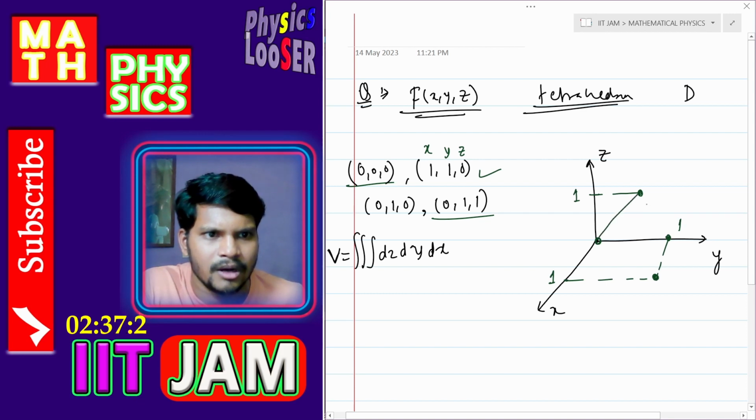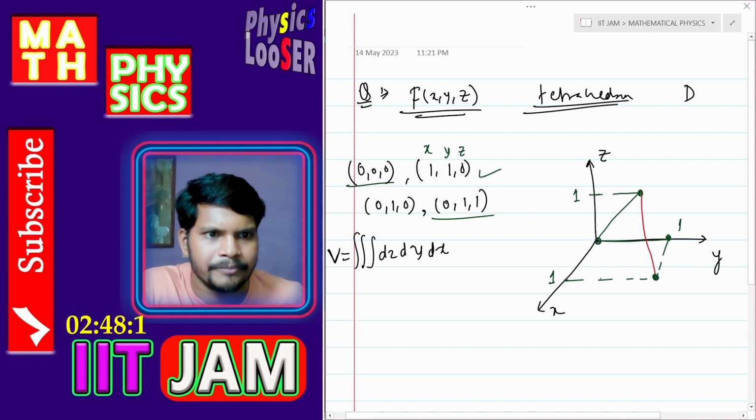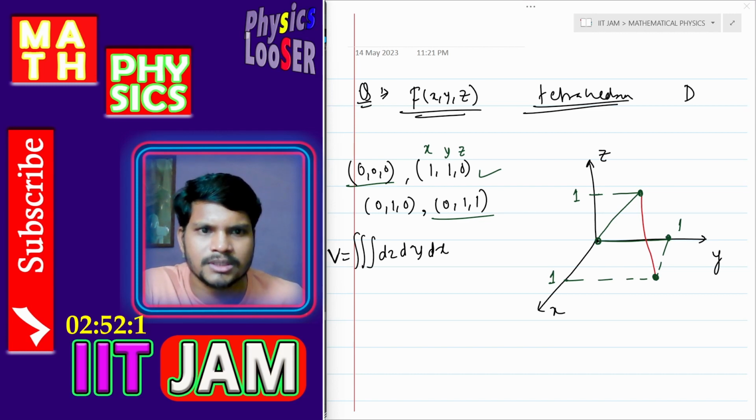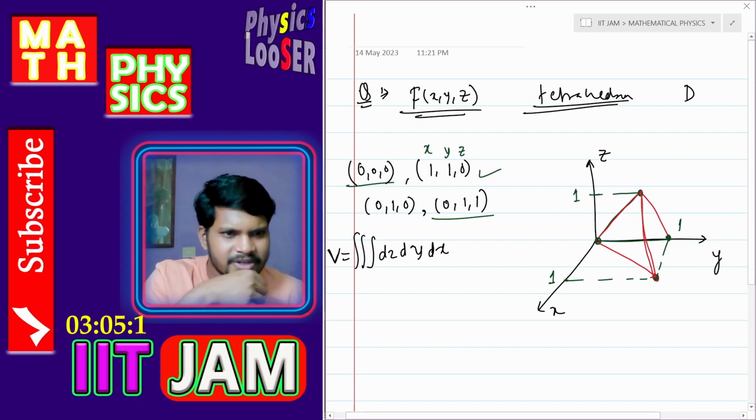I can take this 0, 1, 0, which is over here, and pull back like this one. Now you can see the tetrahedron, because I'm going to connect over here, this one is already connected, and this one is like this. So this is the shape of the tetrahedron.